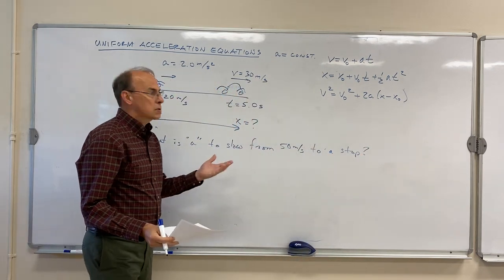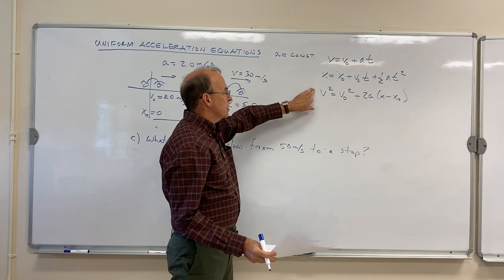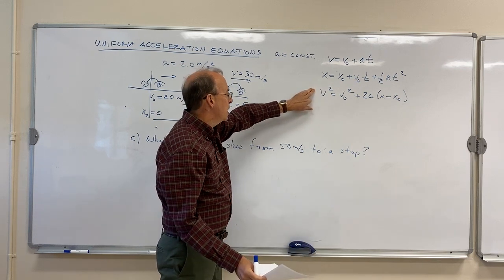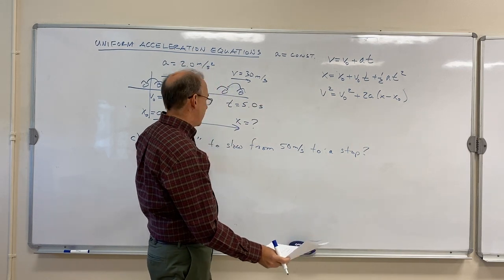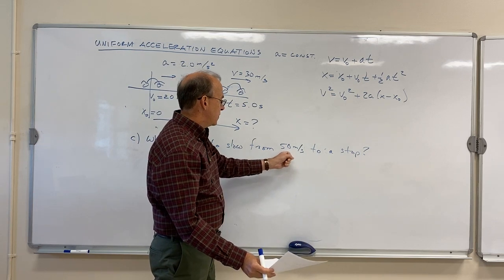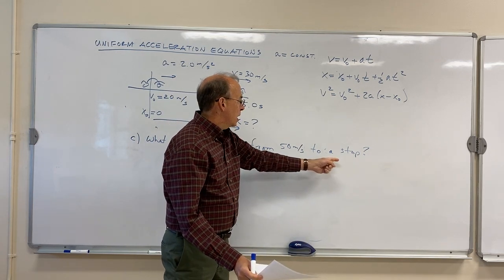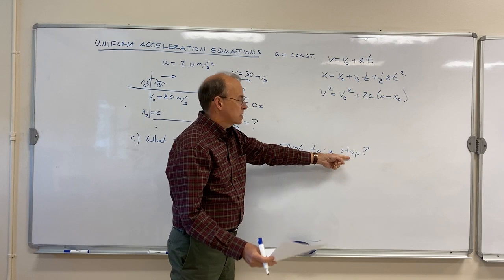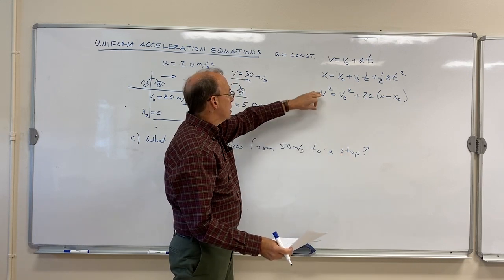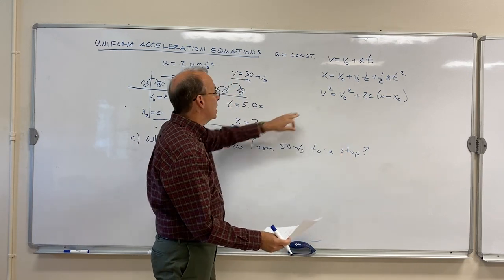So I can use any equation in the sense they all have a in them, but I want to find a. I've got 50 meters a second, and when it stops, v is 0. So I want to know a.